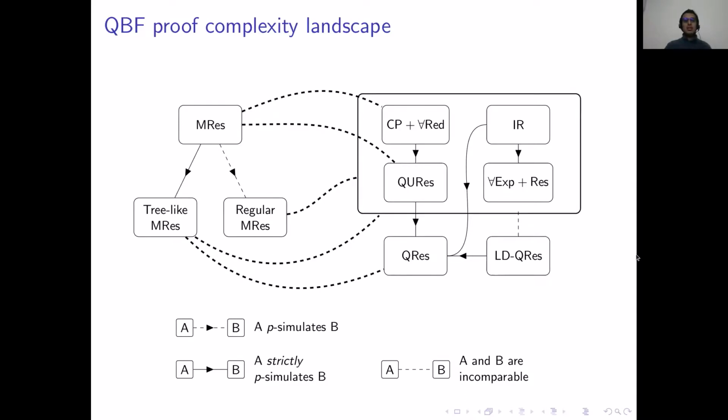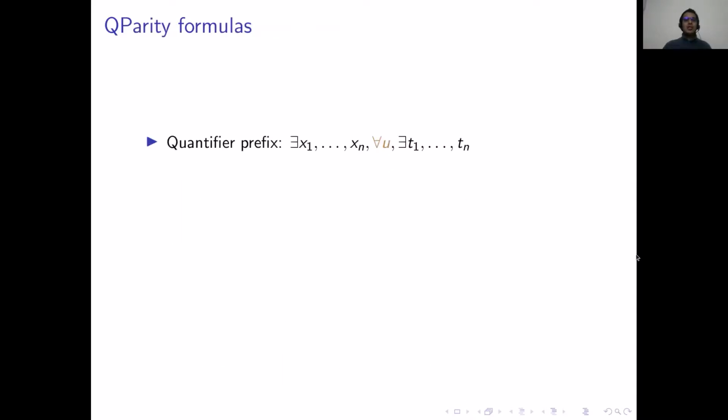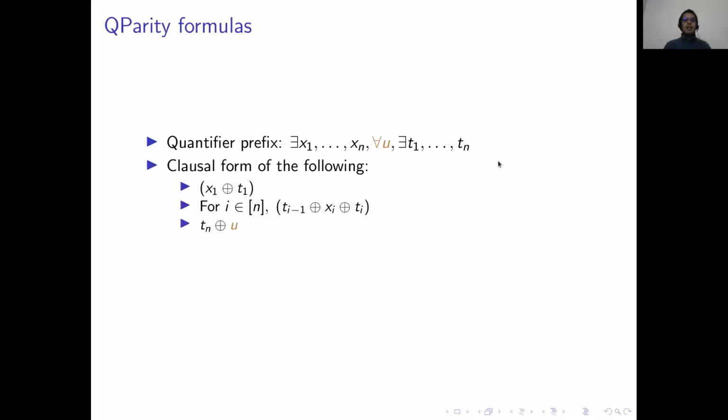Let me define the formulas. These are called Q parity formulas. They have a quantifier prefix: existential X variables, a universal variable U, and existential variables T1 to Tn. And they have the clausal forms of the following things.